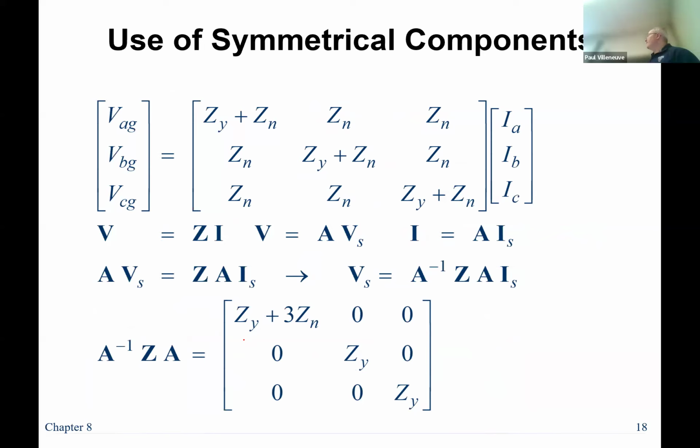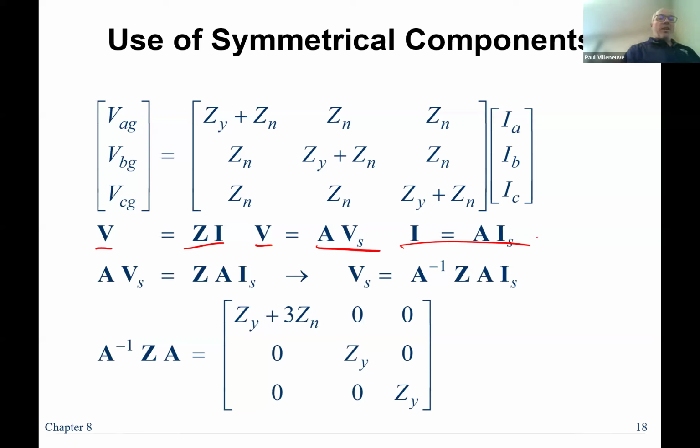All right. So now let's go ahead and take everything into symmetrical component land. So I've got my voltage phasors here, and now I'm going to start converting things to symmetrical components. So I know that V equals Z times I. That's Ohm's law. My voltage in phase components is going to be equal to my A matrix times my symmetrical components voltage, and the same thing for current.